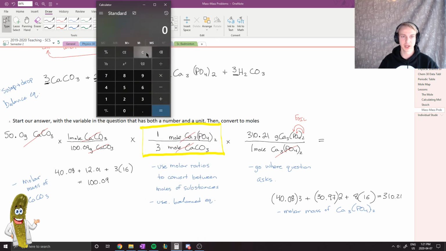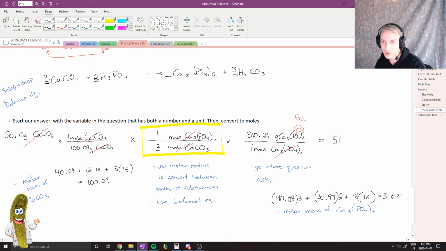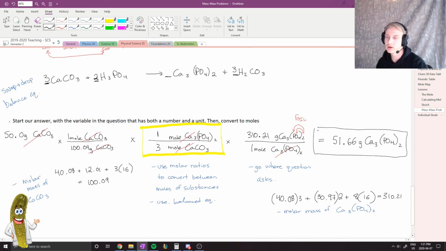And if we were to plug this into our calculator, it would look like 50 divided by 100.09 divided by 3 times 310.21. And that answer then is going to be equal to 51.66 grams of Ca3(PO4)2. And that is our final solution.